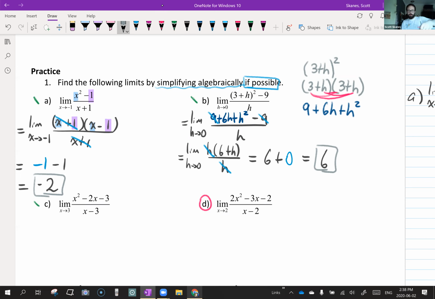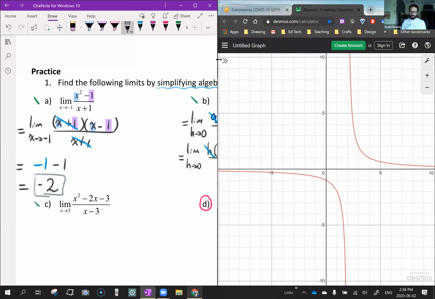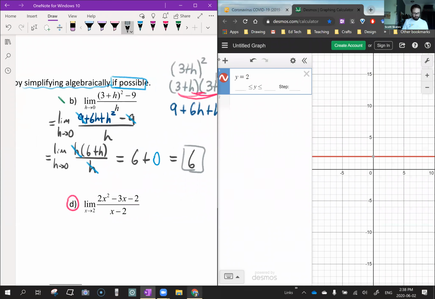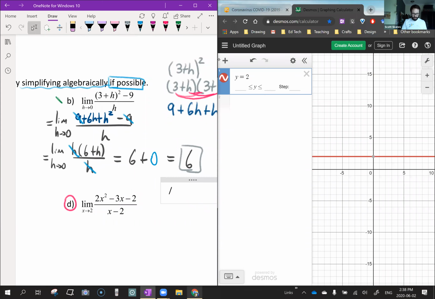Let me quickly show you a graph to remind you that all of this stuff is actually talking about things that are happening on graphs, even if we can't see it. So our function, I'm just going to put it in terms of x's. So our function is the same as 3 plus x squared minus 9 over x.